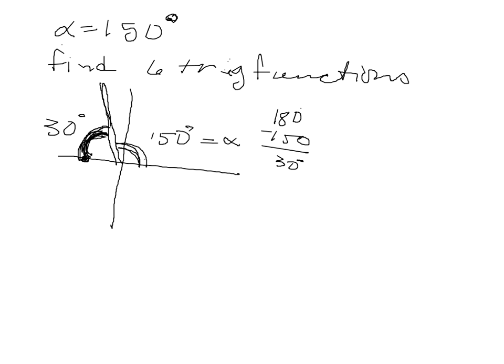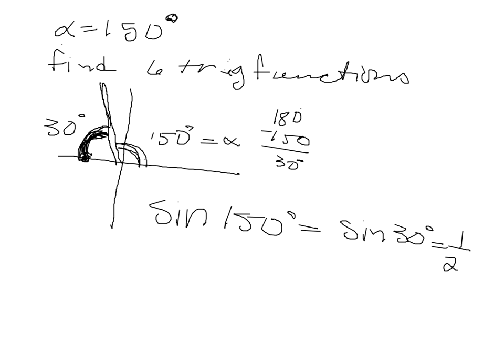Okay, so now that I have my first quadrant reference angle, sine 150 is going to be the same as sine 30, which is 1/2.